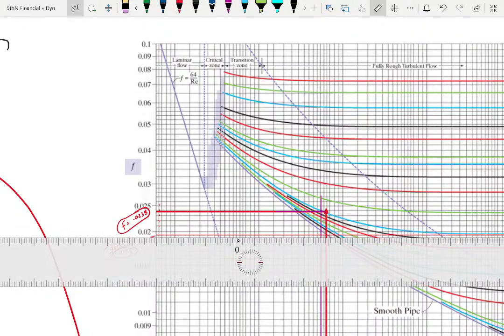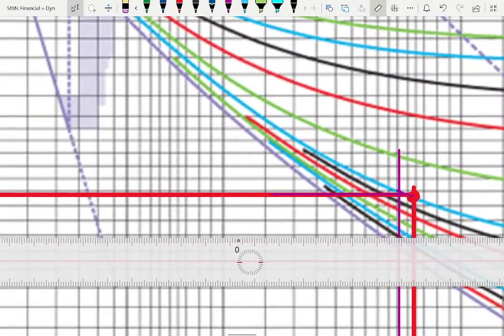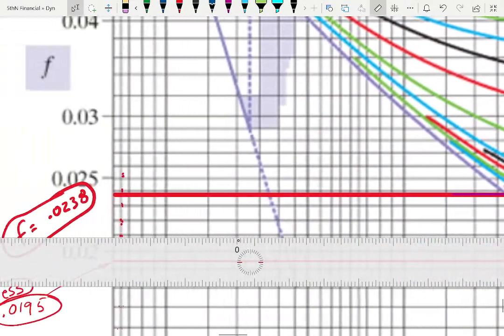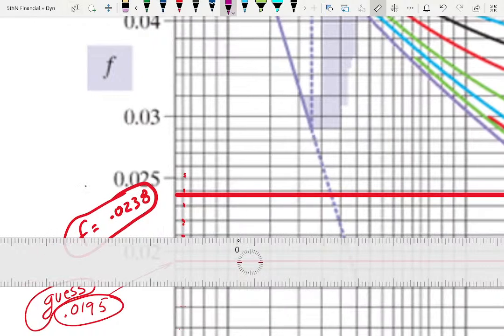Technically, it's almost like the thickness of that line, if you think about it. It's only a tiny amount more, so maybe it's 0.02. Let's just say it's 0.024, which would be right there.